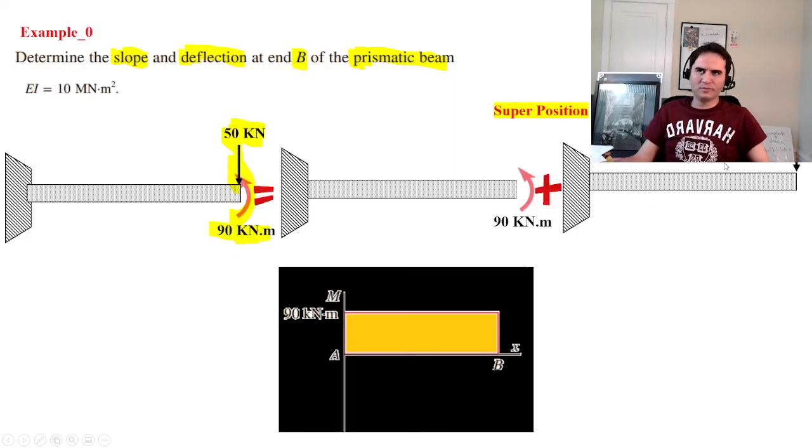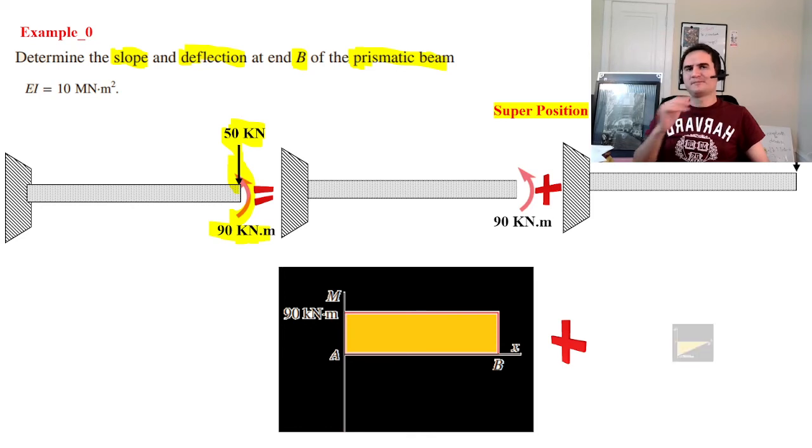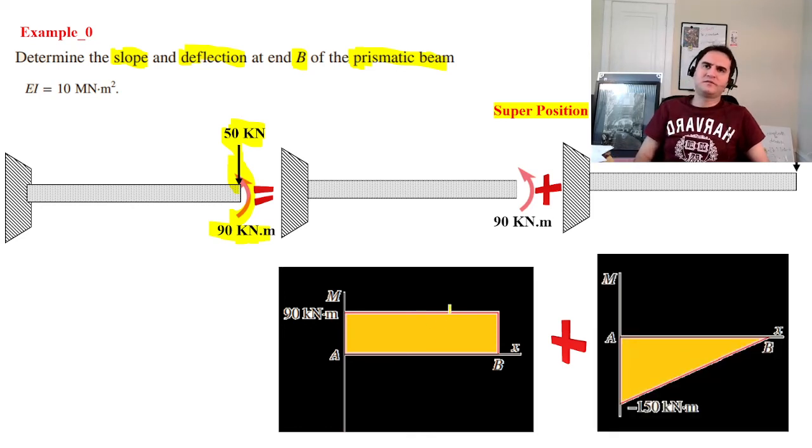If you draw the moment diagram for the first one, it's just a rectangle all the way through, because you can shift a concentrated moment all through the beam with the same amount, plus the second one. The lengths are 3 meters, 3 meters, and 3 meters. If this is 3 meters, 50 times 3 is 150, a negative 150 kN·m.